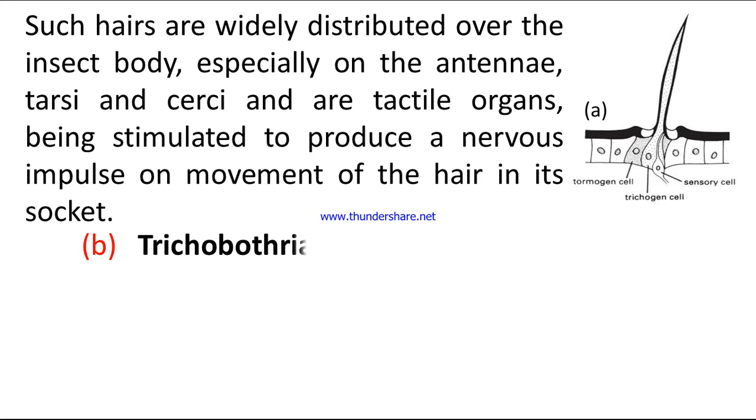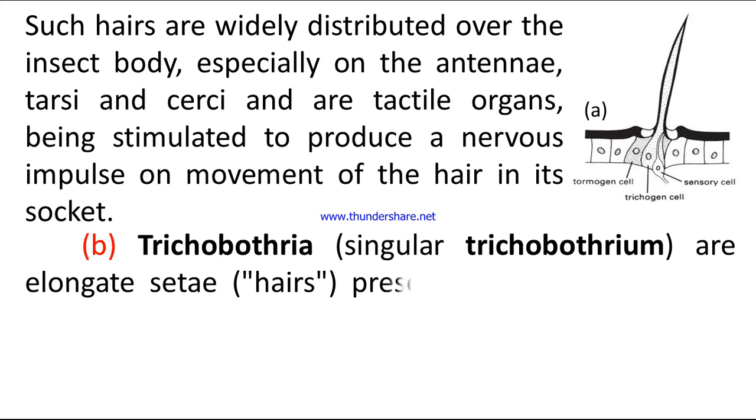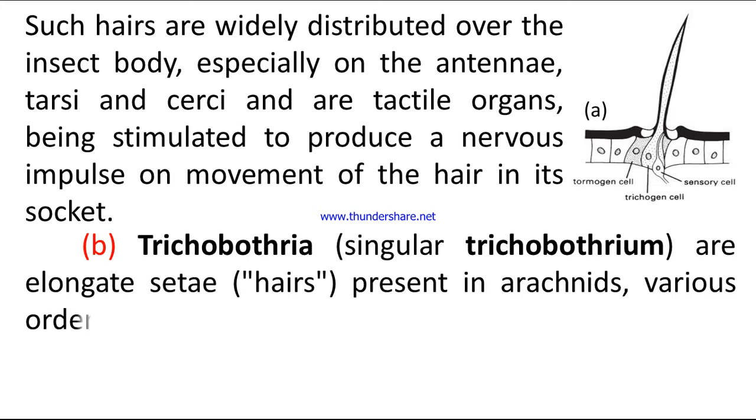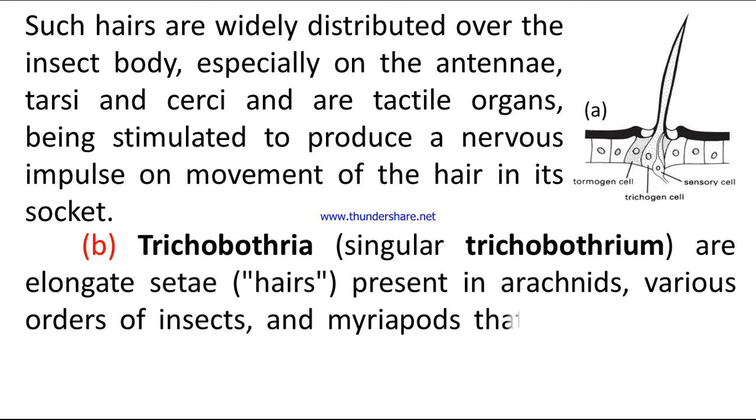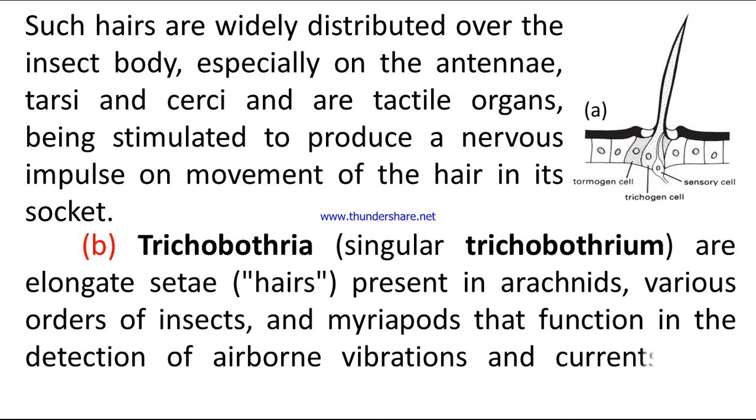Number B. Trichobothria, singular trichobothrium, are elongate hairs present in arachnids, various orders of insects, and myriapods that function in the detection of airborne vibrations and currents and electrical charges.